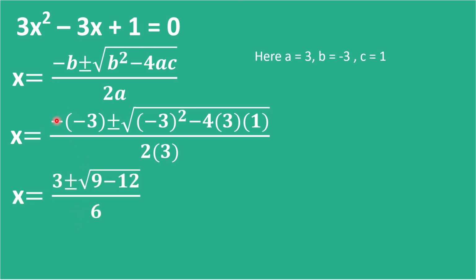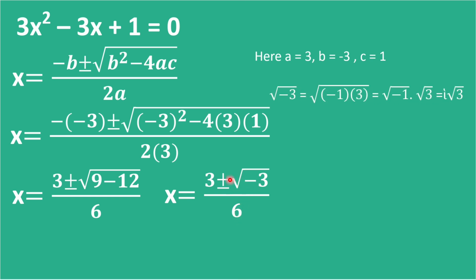In the next step, this minus multiplied with this minus becomes plus. So 3 ± √, where (−3)² equals 9 and 4 times 3 times 1 equals 12. So 9 − 12 equals −3. This whole value becomes x = (3 ± √(−3)) / 6.